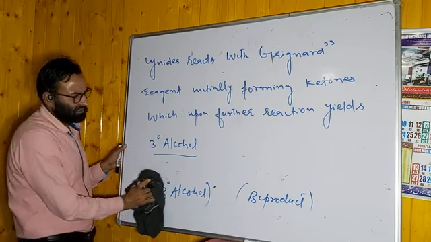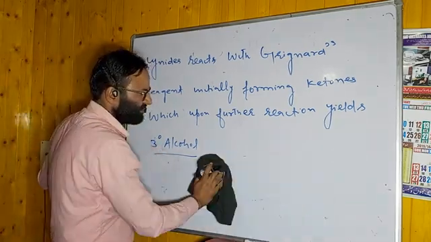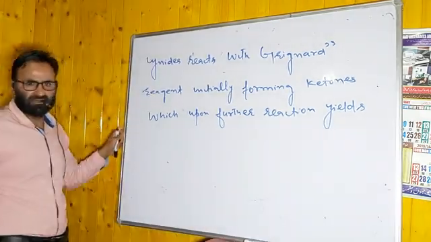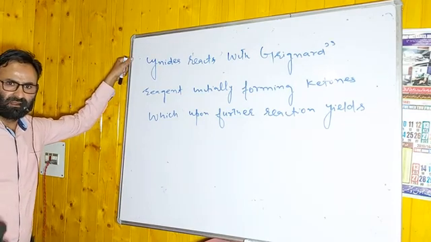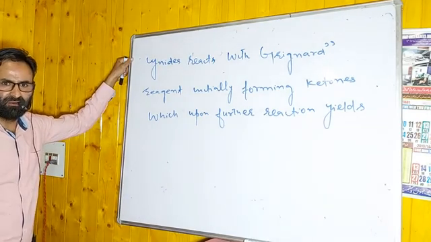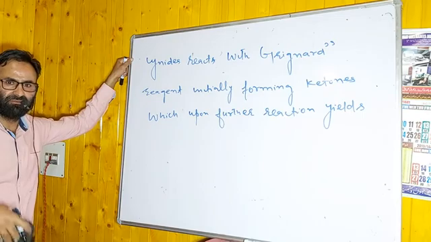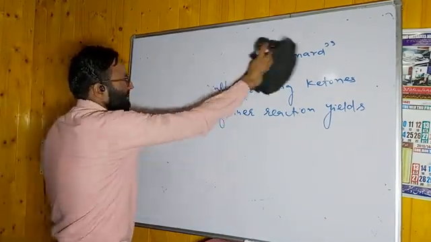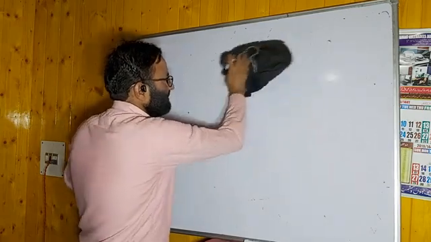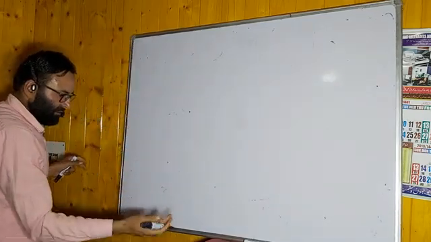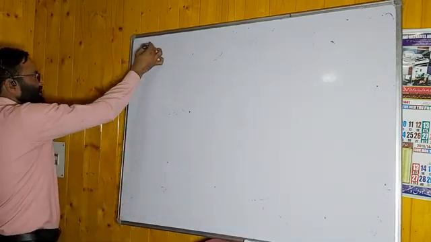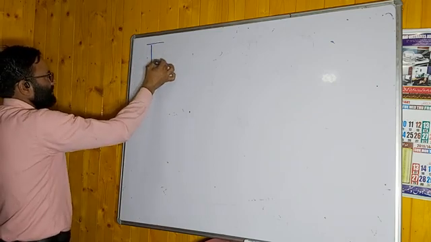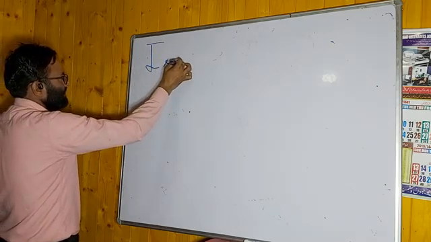We have discussed 3 important chemical properties. The first we have discussed hydrolysis, complete hydrolysis, partial hydrolysis, reduction, complete reduction, partial reduction, and we have discussed this reaction with Grignard's reagent. Remember this point. Now we will have an important topic, that is isocyanides.